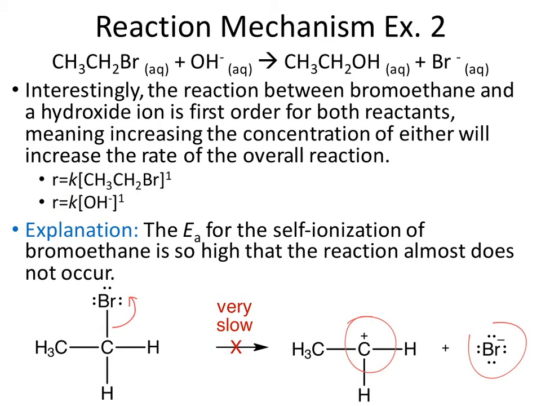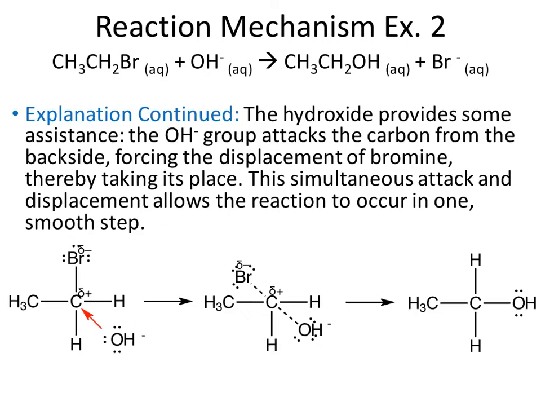If this was the case, OH would actually be 0 order. However, we know that in this equation, both the bromoethane and the OH are first order, so this cannot be right. There has to be something else going on. And this is what we see over here.